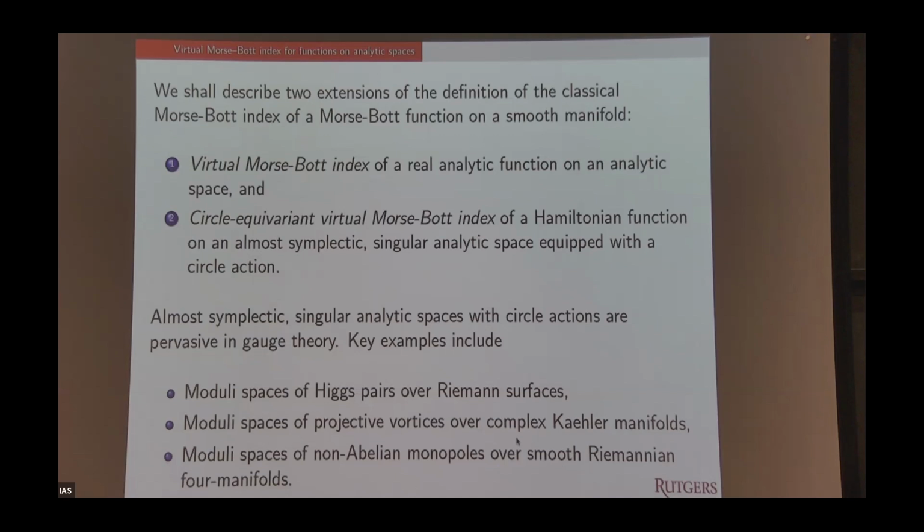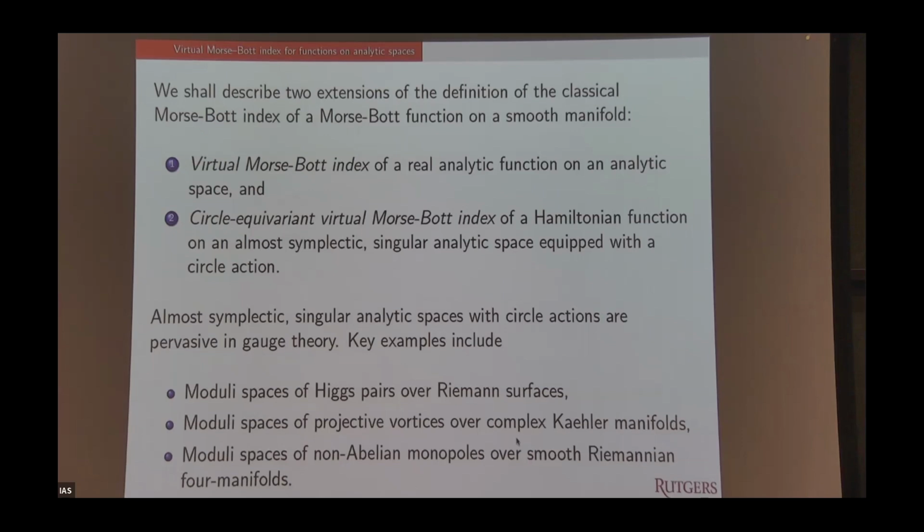So it's going to be the Morse index which is going to do the work for us, what we call a circle-equivariant virtual Morse-Bott index. And it will be tailored to possibly singular analytic spaces, provided we have a non-degenerate two-form on some ambient manifold that contains that analytic space.